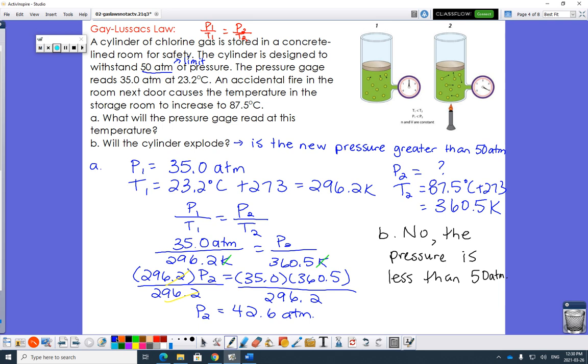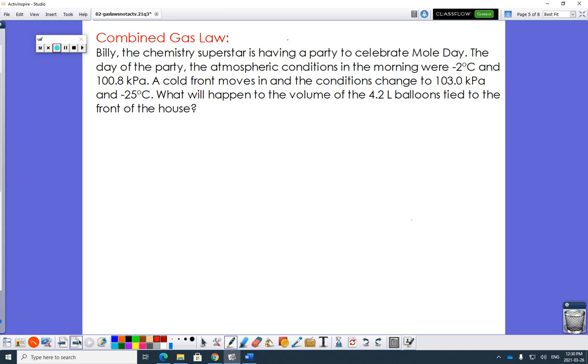So what you can do is combine them. Sometimes students will kind of freak out about this, but really it's all of the gas laws together, combined. So P1, V1 is Boyle's. When you look at Charles and Gay-Lussac's, both of them, because they're direct relationships, the temperature is in the bottom.